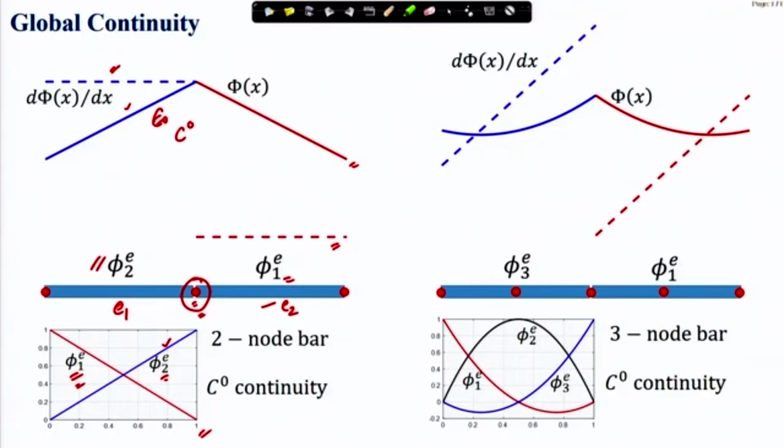Now let us take the 3-node bar element. In the 3-node bar element, if you recall, our shape function within the element was quadratic. There are 3 shape functions, but not all shape functions are plotted here. This is E1 and this is E2. From E1, the shape function plotted is phi 3, and from E2, the shape function plotted is phi 1.